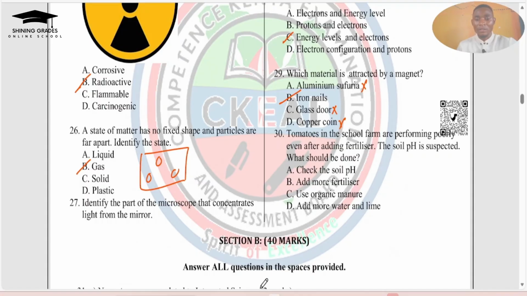So check the soil pH of the soil, and from there appropriate actions or steps are taken to ensure the pH is either lowered or raised according to the requirements of the tomatoes.